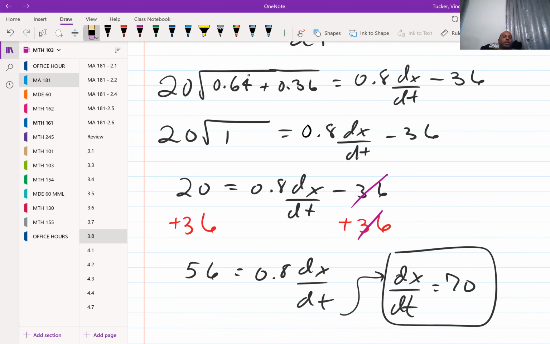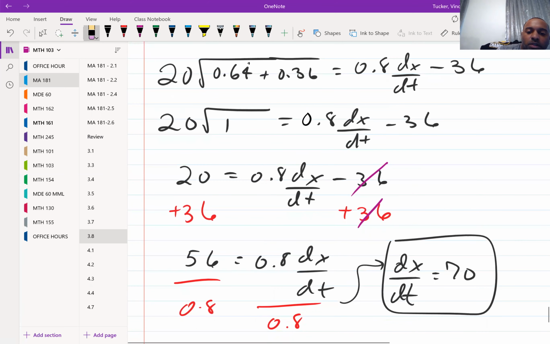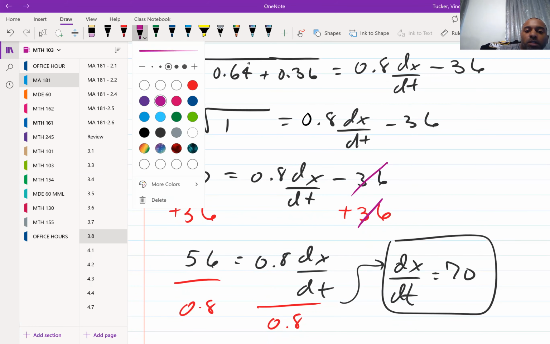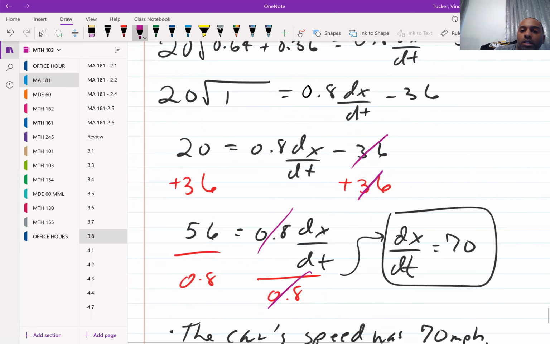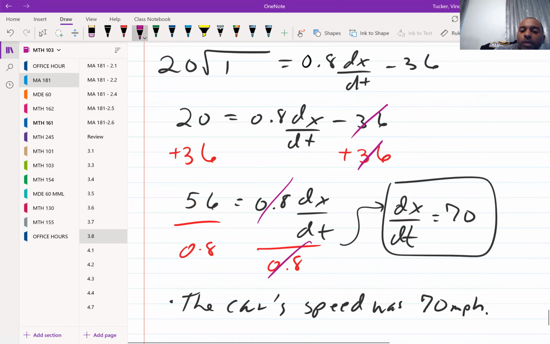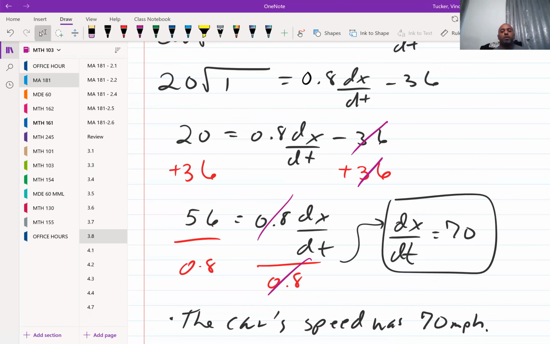Now we're looking at 56 equal to 0.8 dx/dt. Divide by this 0.8. The 0.8 cancels. 56 divided by 0.8 is 70. And that's the answer. So the car speed was 70 miles per hour.